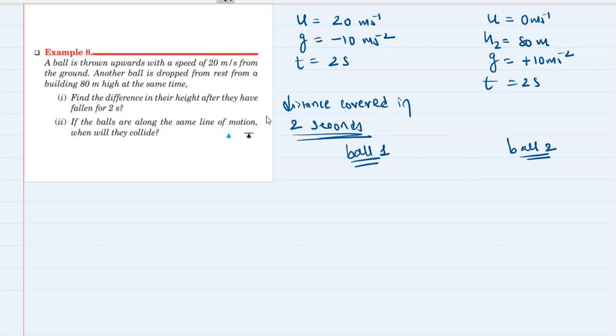See, we have got u, initial velocity, g and t, so we can consider s is equal to ut plus half at square. s is equal to ut plus half into minus g t square, right? Let's not write that like that. That's not the right way. Half g t square. Okay, so s is the distance covered in 2 seconds. That's the height. u is 20. t is 2 seconds plus half multiplied by g is minus 10.